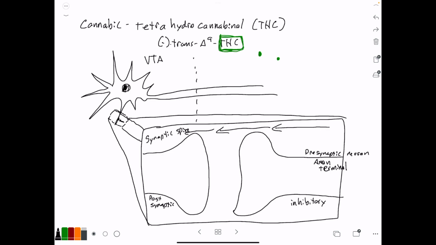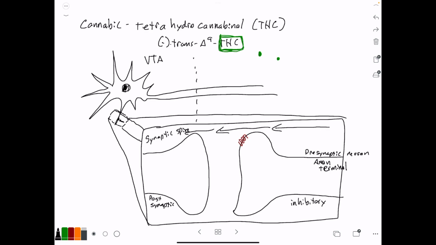Again, we're talking about the addictive effects of cannabis. The risk of becoming addicted to THC is much less than with those psychostimulants that we just looked at. Cocaine and amphetamines are highly addictive compared to cannabis, but cannabis can be. And so THC acts on a cannabinoid receptor, which is a G protein coupled receptor.